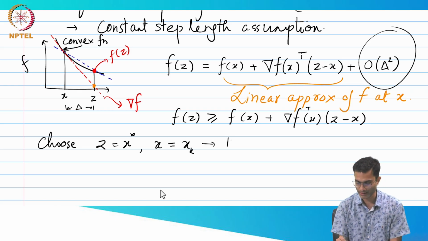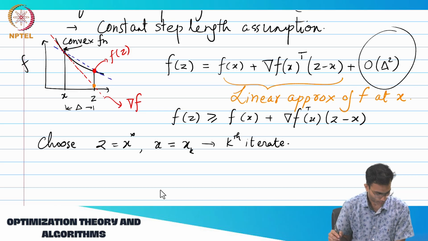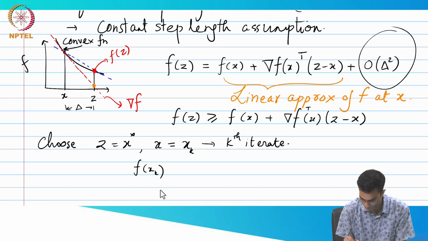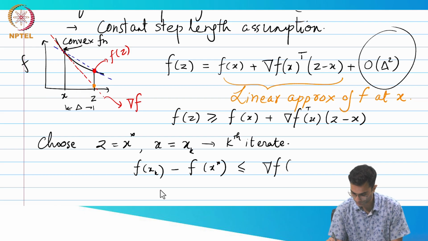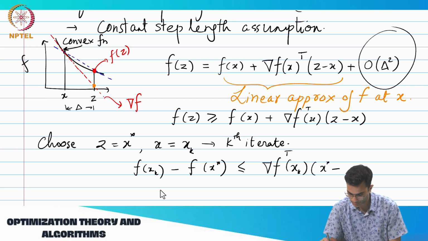So this is the kth iterate. Then I will get f of x_k minus f of x star is less than or equal to grad f of x_k transpose (x_k minus x star).